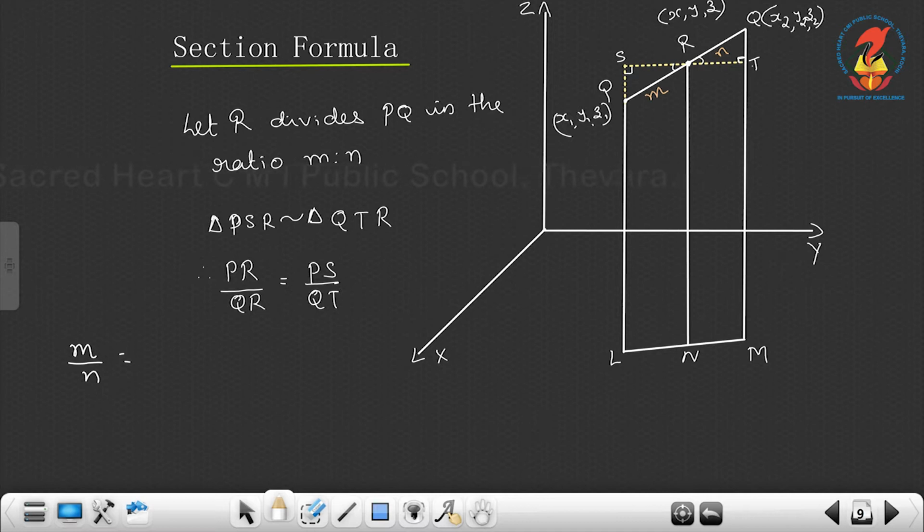Now what is PS? PS is same as SL minus PL, isn't it? SL minus PL. Now what is QT? QT is QM minus TM. Then what is this SL? Can you say what is SL?